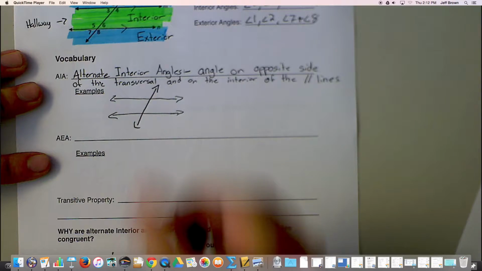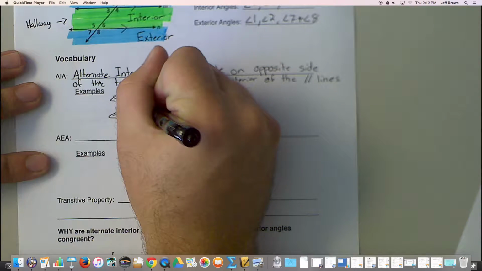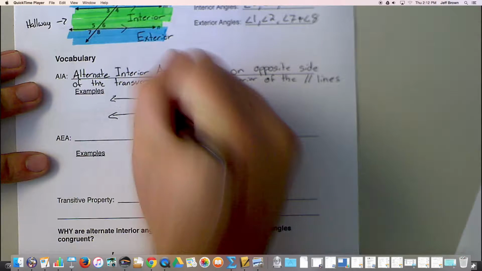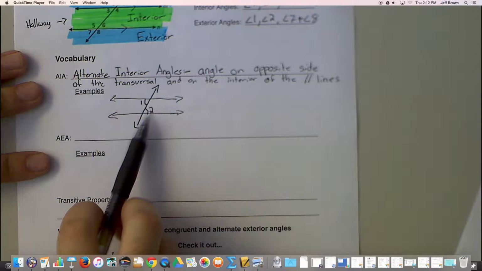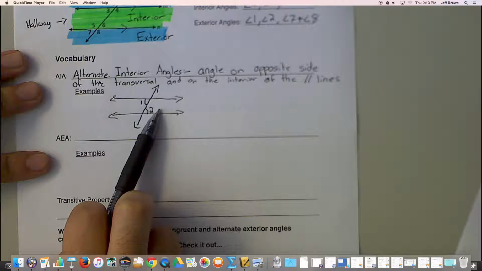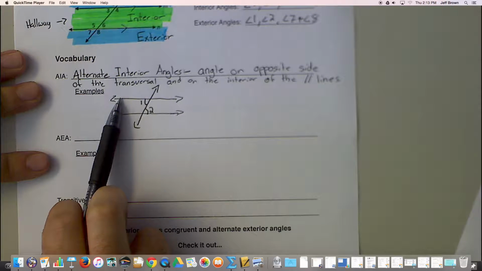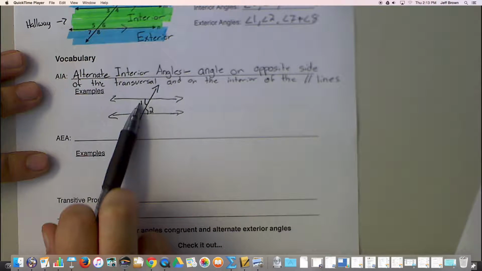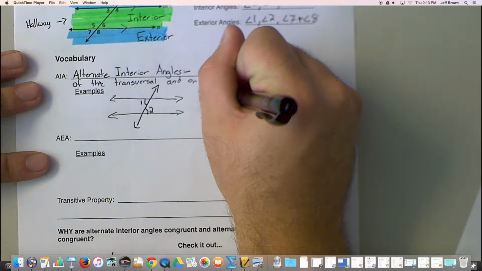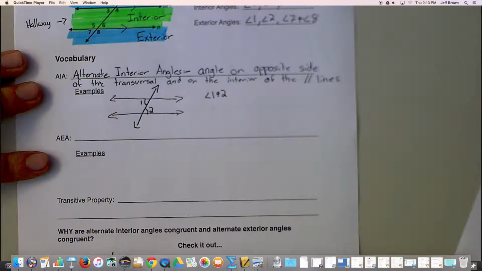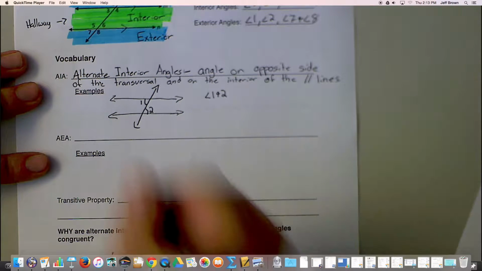My first pair of alternate interior angles, what I'm going to label here is angle 1 and angle 2. Those two angles are on opposite sides of my transversal, and they're on the interior of my parallel lines. So angle 1 and angle 2 are a pair of alternate interior angles.